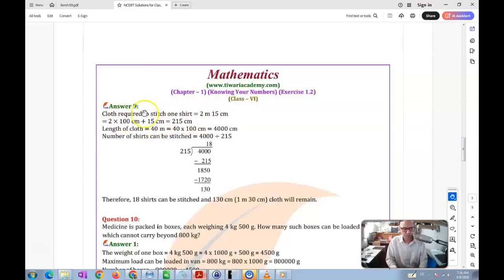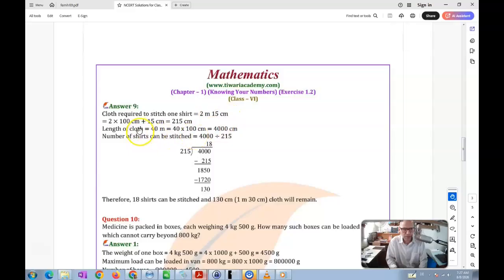So 2 meters 15 centimeters is in mixed units, meters and centimeters together. Instead of 2 meters, you would write 2 times 100 centimeters, which is 200 centimeters, plus 15 centimeters, that would be 215 centimeters.